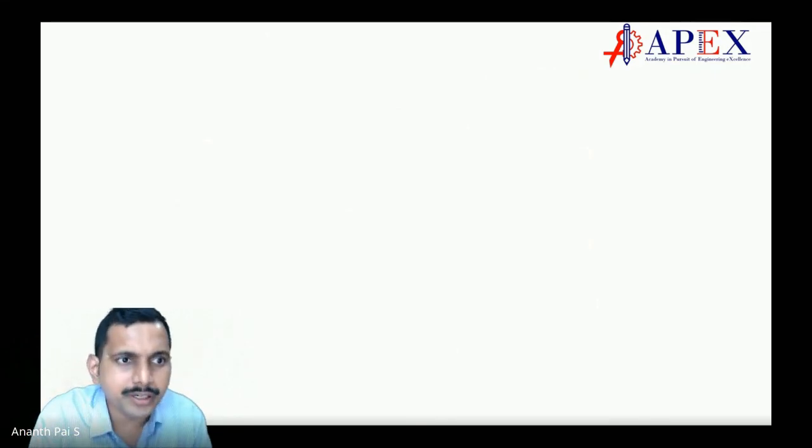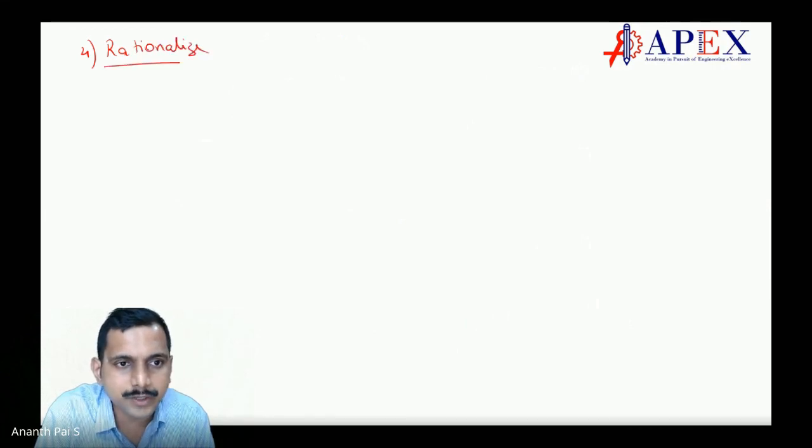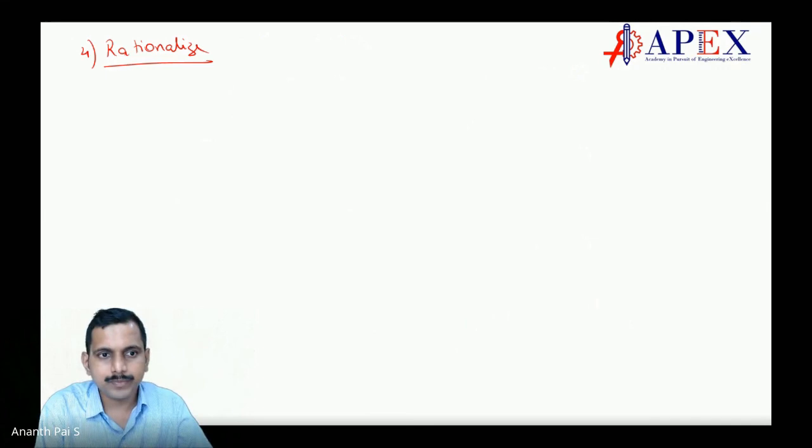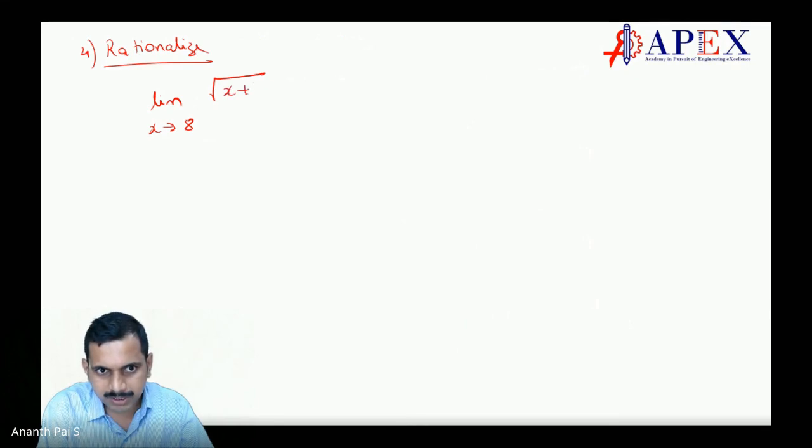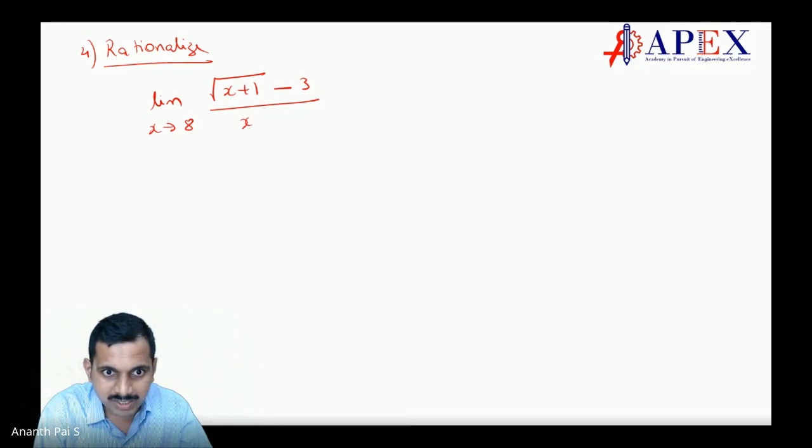Next point. There are cases where you have to rationalize. Example: take limit x tending to 8 of square root of x plus 1 minus 3, divided by x minus 8.